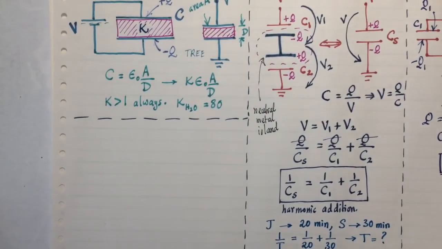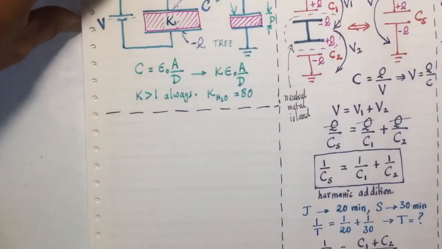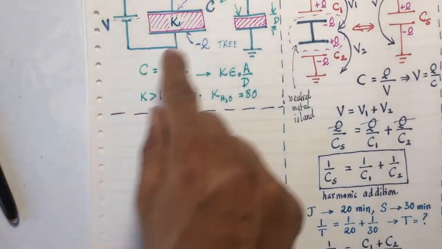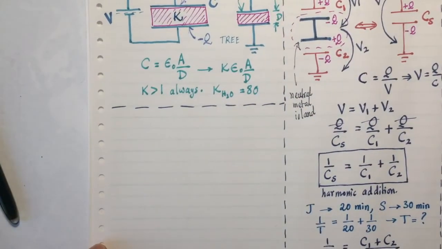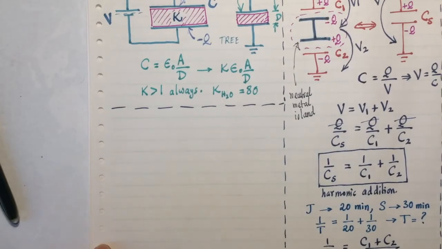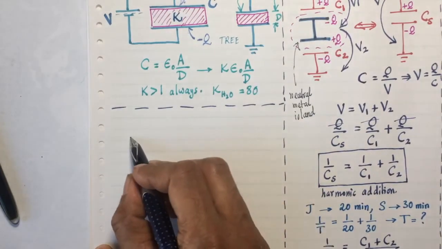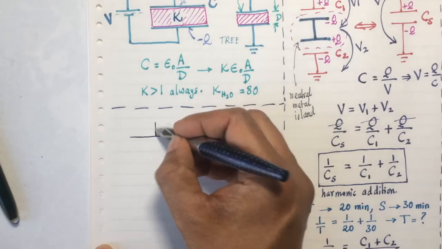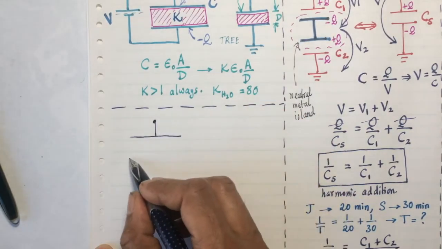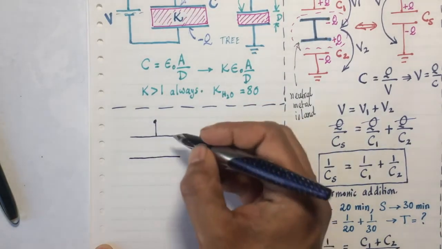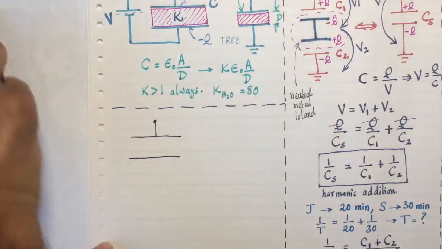So the example I promised is a partial dielectric. Now the dielectric that I have there completely stuffs the two plates. What if that's not true? What if I have a situation where the dielectric only covers half of it?